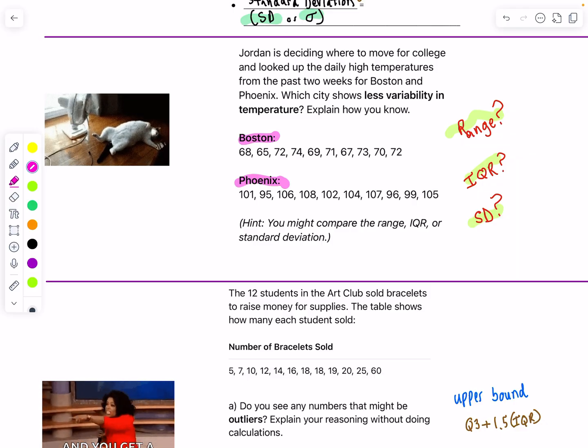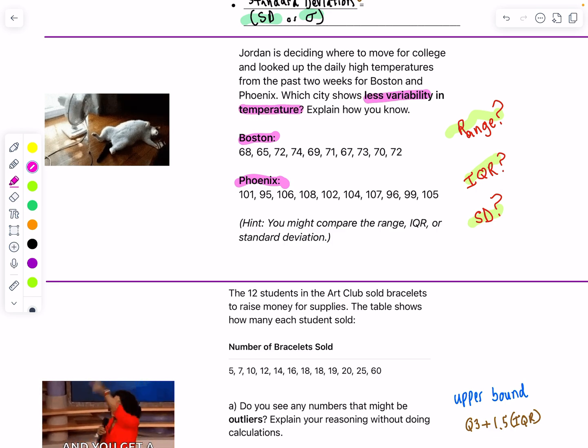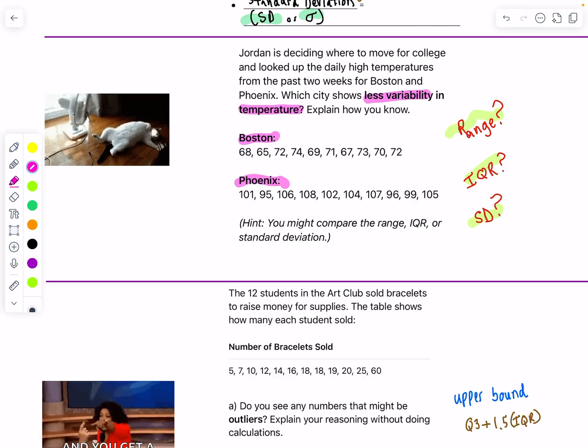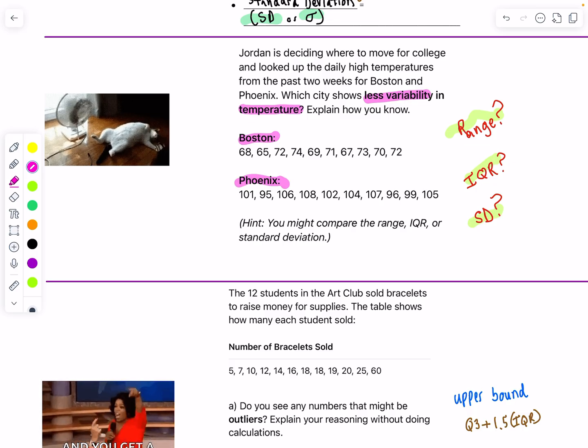Which city shows less variability in temperature? So Jordan's like, I want to go to a place that's steady. The temperatures don't fluctuate too much. I don't have to buy a lot of clothes. I can, for the most part, wear the same thing. I'm not going to be sweating a lot, or too cold.